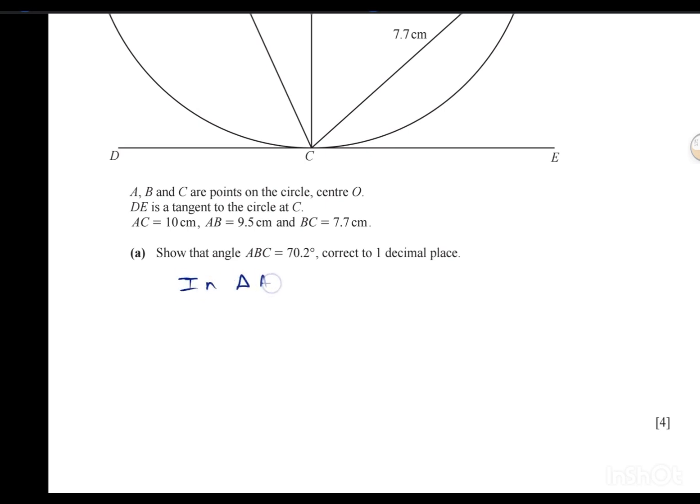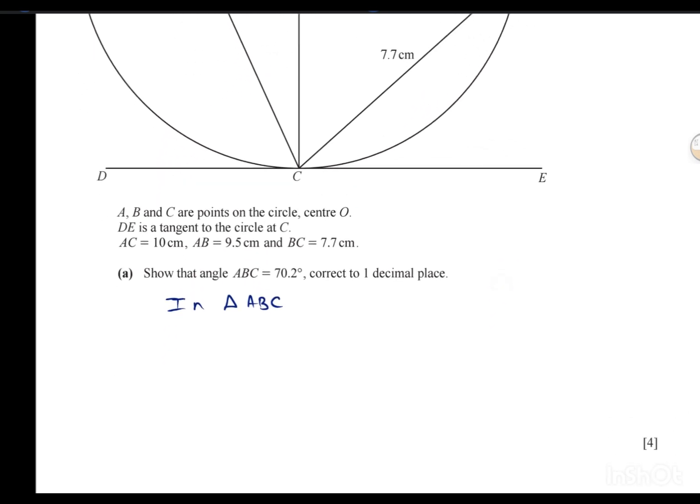In triangle ABC, a squared, the side opposite the angle, that is 10 squared, is equal to b squared plus c squared, which is 9.5 squared plus 7.7 squared, minus 2 into 9.5 into 7.7 into cos of angle ABC.